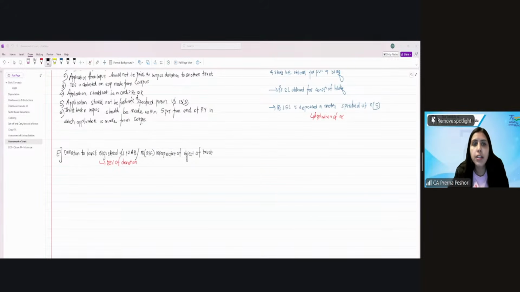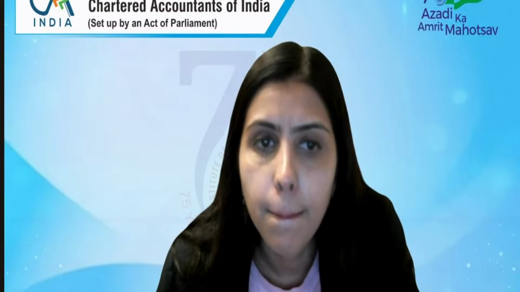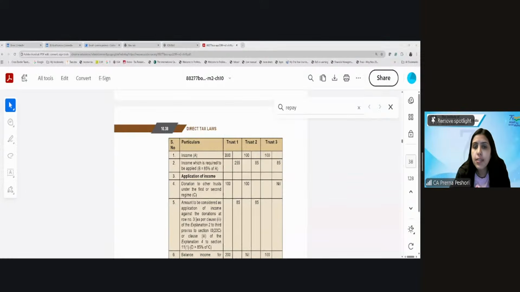So let us look at a question from your module. Let's say this 300 rupees is the income of trust one. Now the donation it makes to another trust is 100.